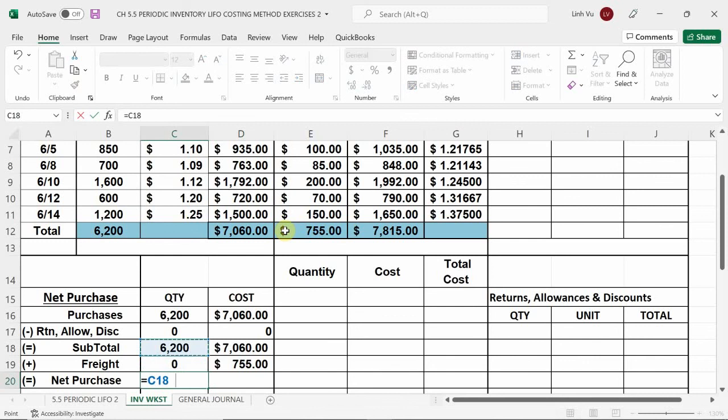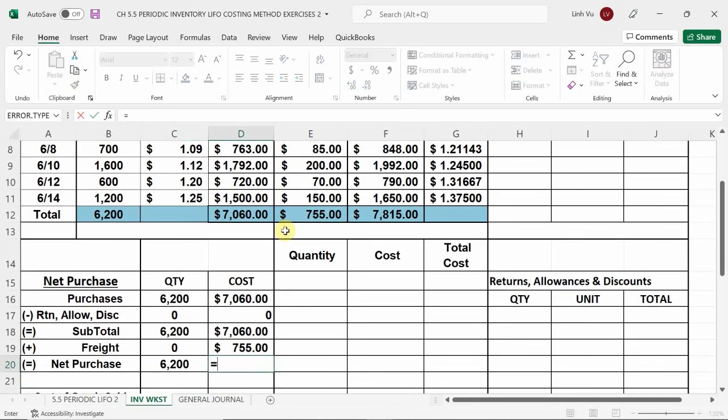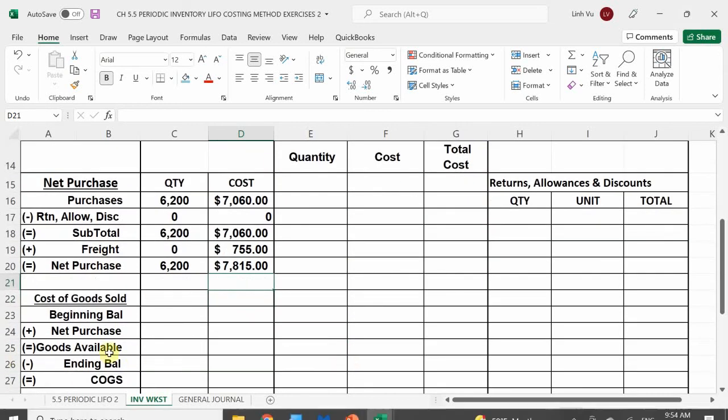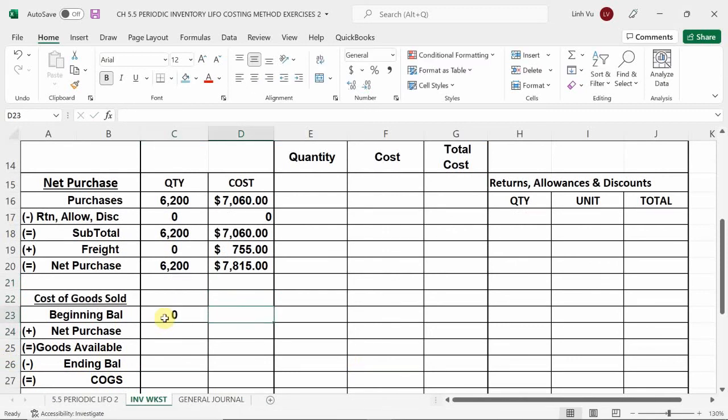So we're going to add our numbers together to get 7,815. In this example, I did not have any beginning inventory. So when I carry down my net purchases, my goods available is beginning plus net purchases, which means my net purchases becomes my goods available because I didn't have anything to begin with.